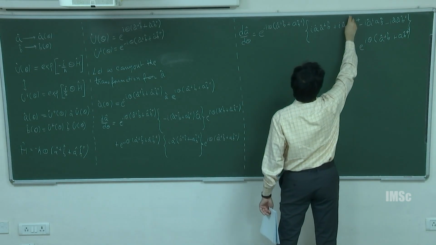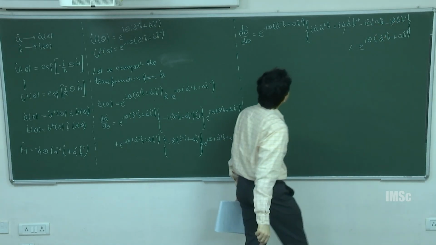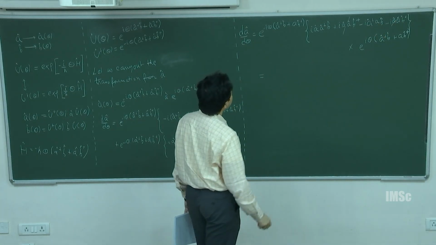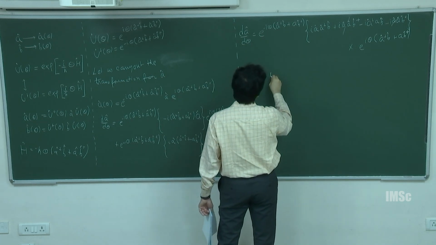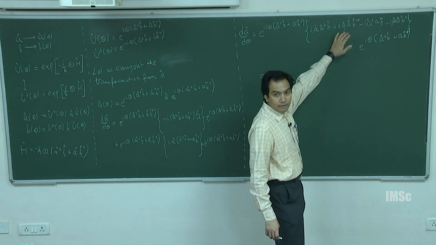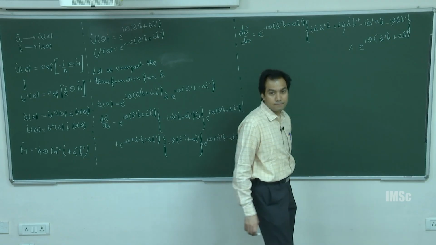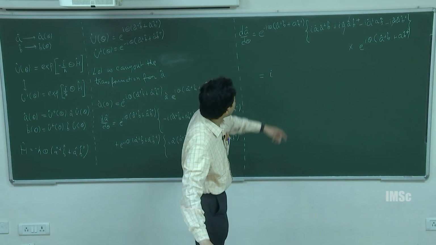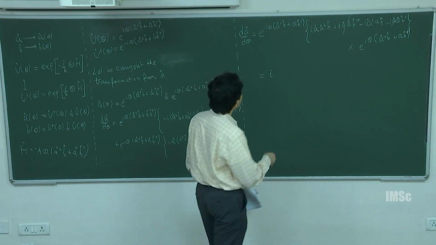Now these two cancel each other and you're left with, you can take i out. So is this step clear, whatever we have worked out so far? Yes, sir. Okay, so I can take i out because i is just a constant.